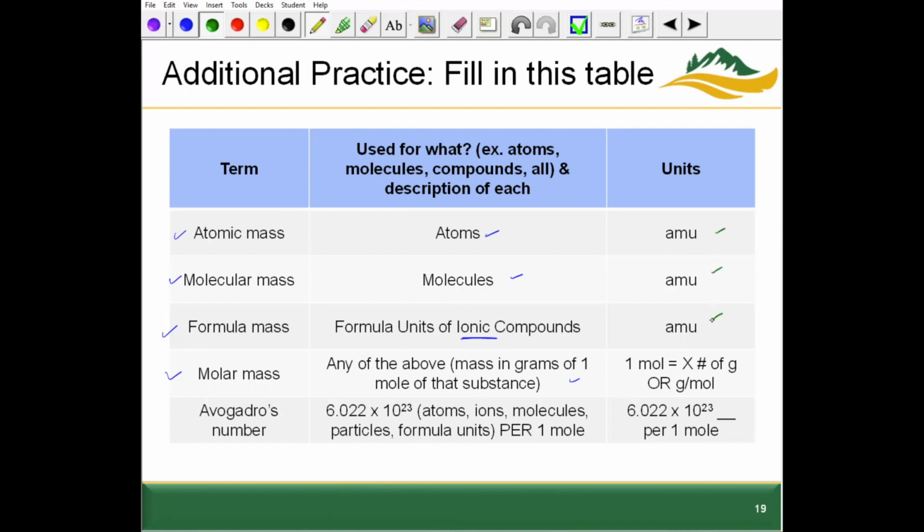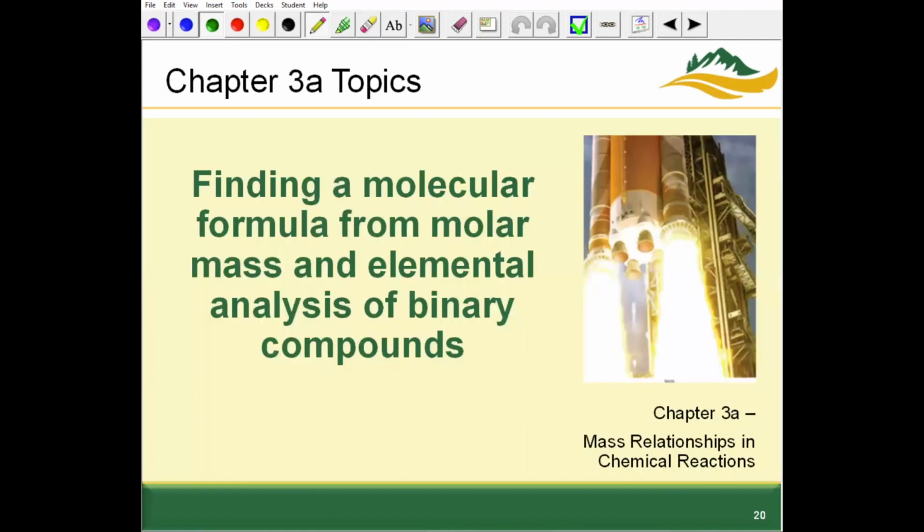AMU is the same thing as grams per mole. Then we also reviewed Avogadro's number in Chapter 3A, Part 1. We're going to continue using this throughout.